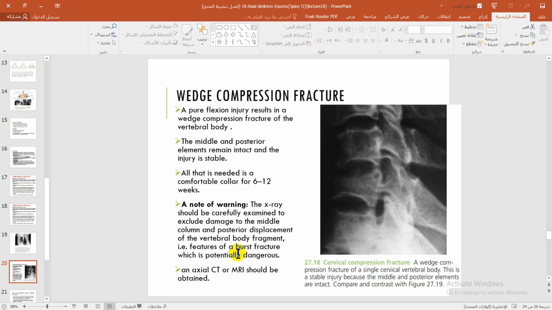Here, sometimes we have a fracture, compression, and sometimes there is displacement of a piece of the bone into the spinal canal. This must be evaluated properly. Displacement of the vertebral body fragment is a feature of the burst fracture, which is potentially dangerous. I mean, the whole vertebral body might burst, leading to fractures.